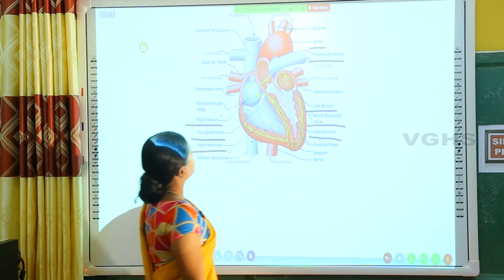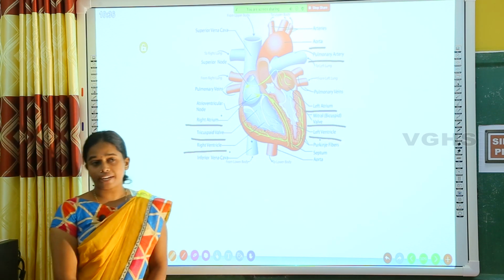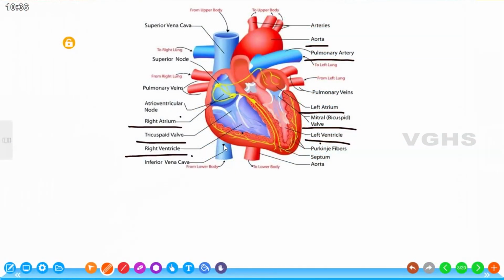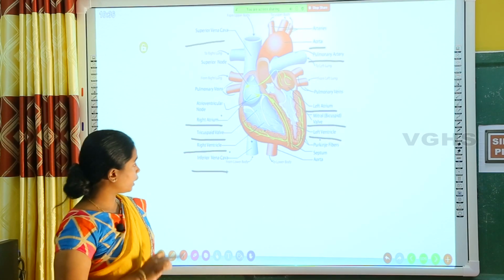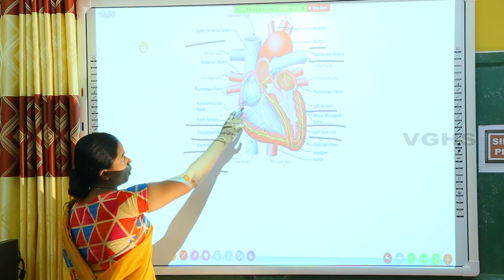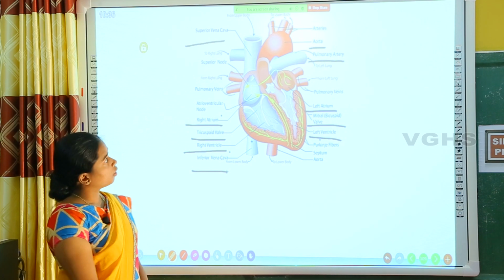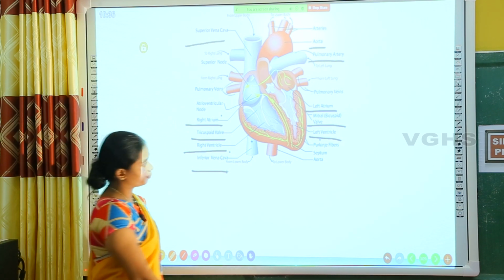And also, the main veins connected to the atria are the superior vena cava and inferior vena cava. Both the superior and inferior vena cava open into the right atrium.